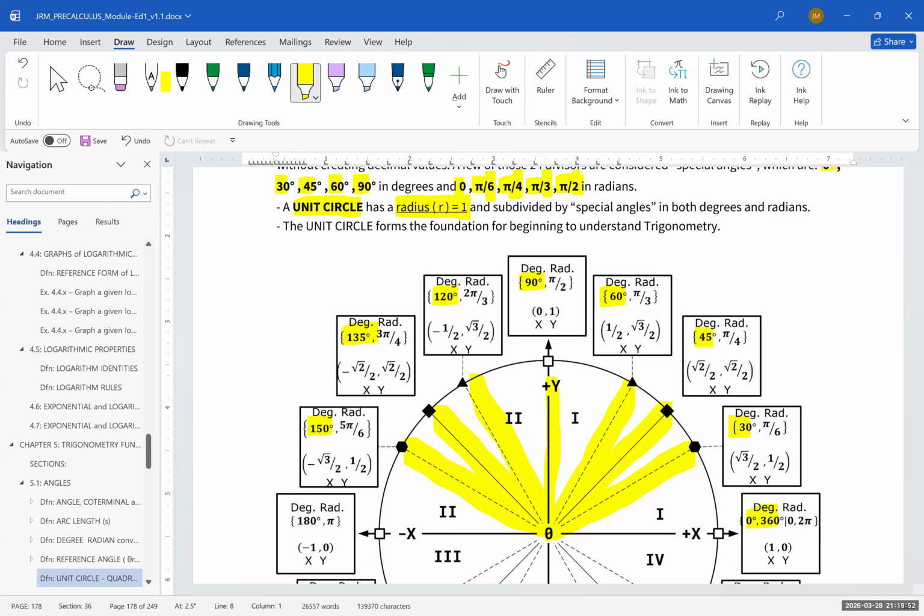And that's what we've been looking at: angles of interest and their terminal sides. And where do those terminal sides reside?